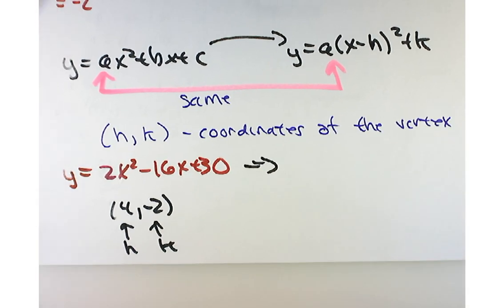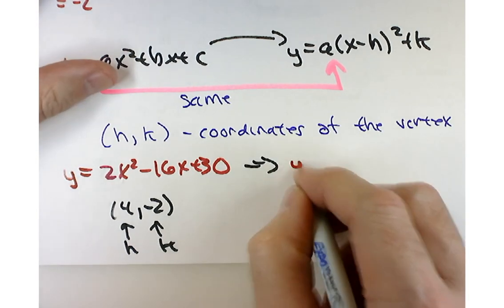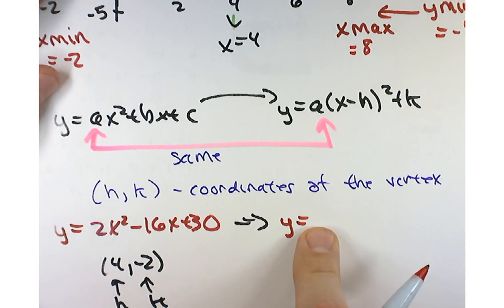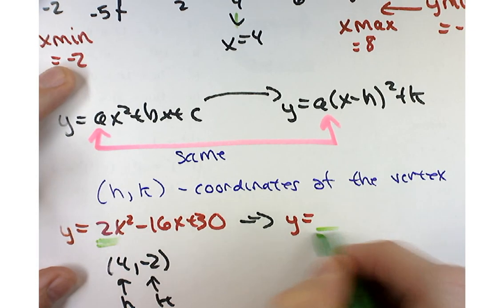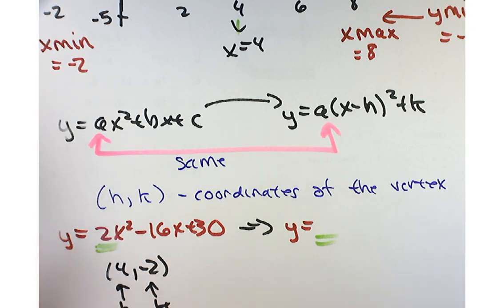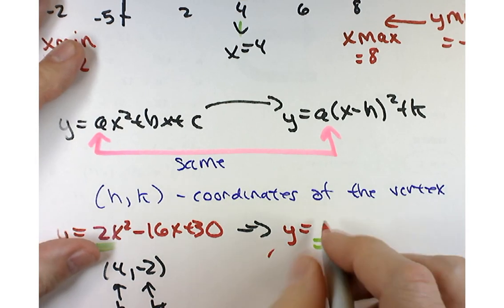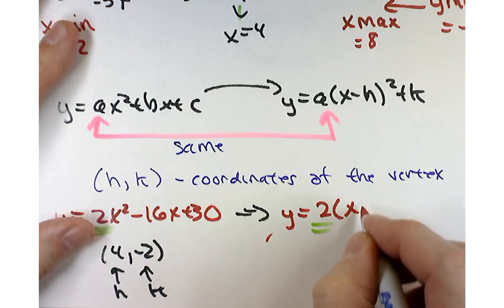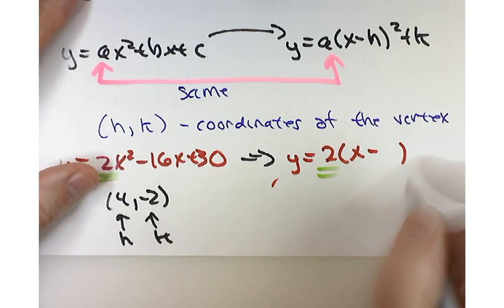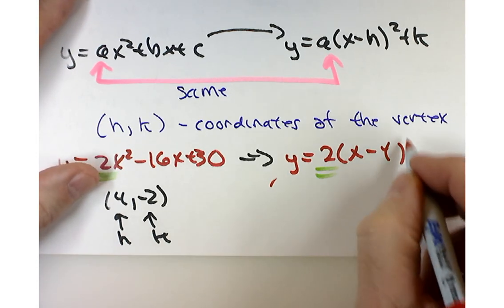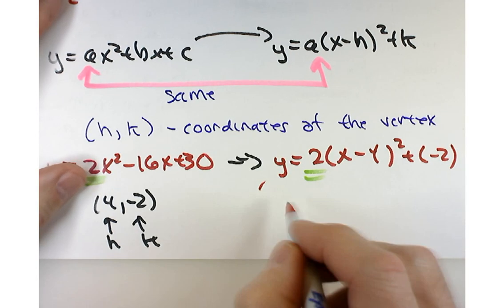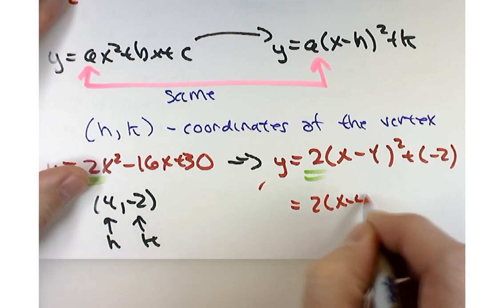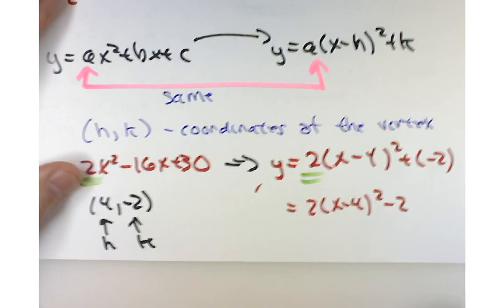How would you then rewrite this? Well, what's the a that goes out in front here? 2. Yeah, that's the 2. So a 2 times (x minus 4) squared plus k, which is -2. And you could write that as 2(x minus 4) squared minus 2. So wow.